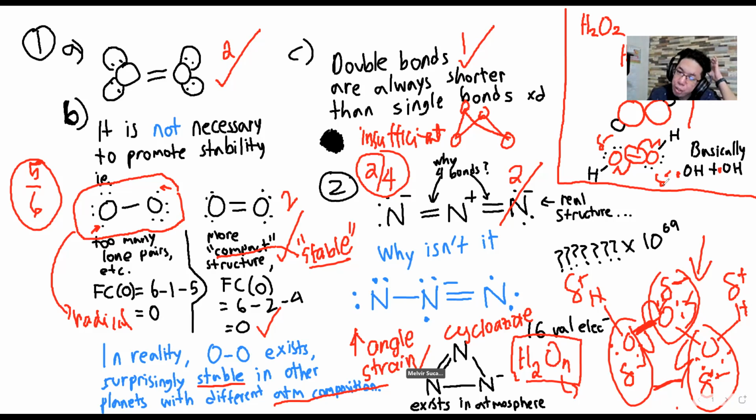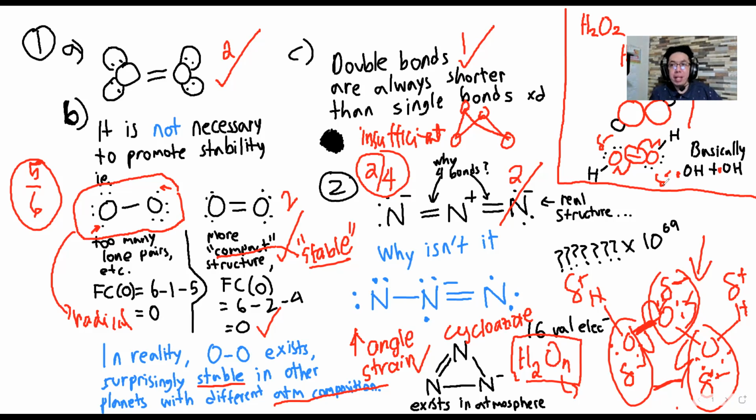What's the ideal angle for N double bond N? I don't know. Oh, 120, right? Because it's 120.